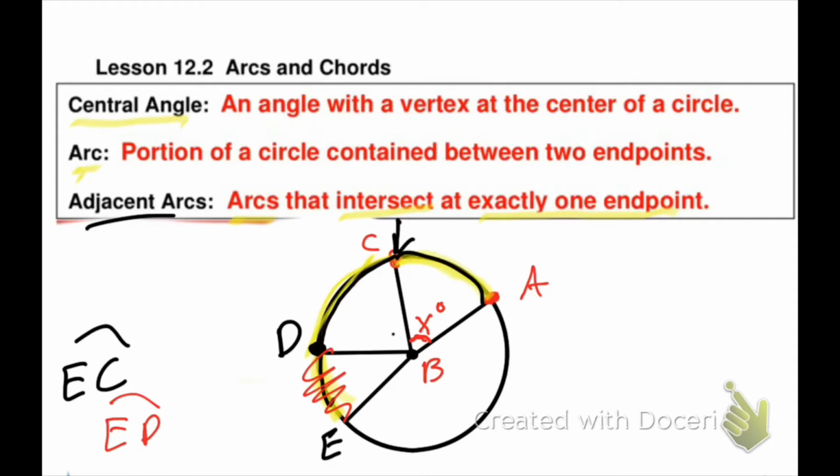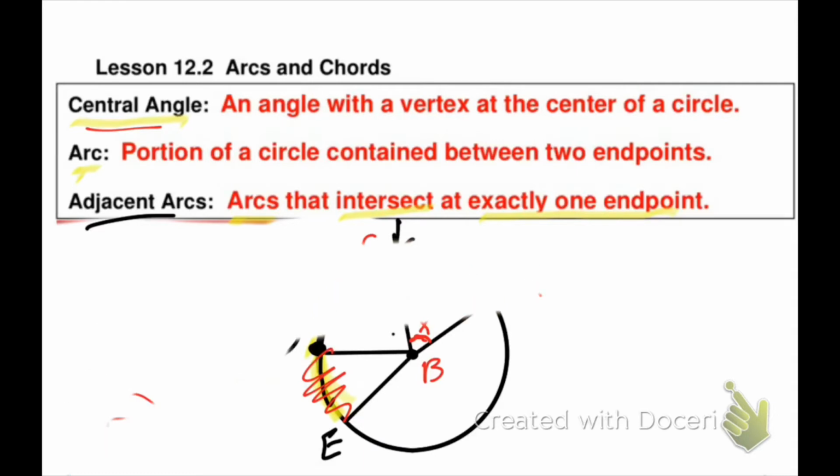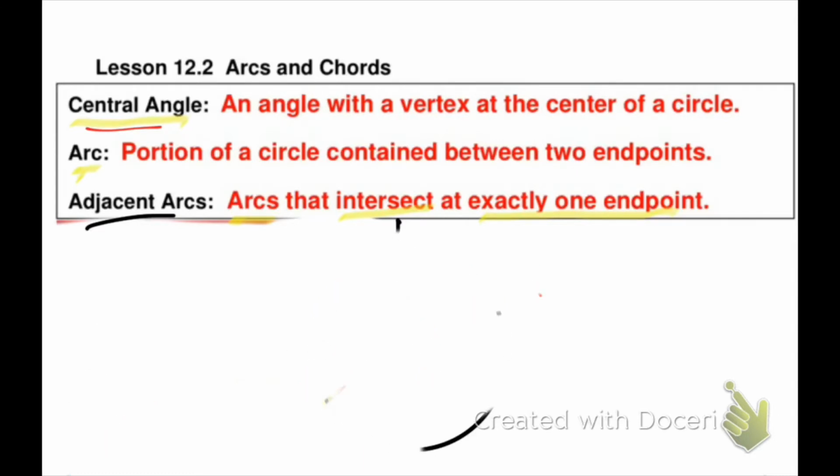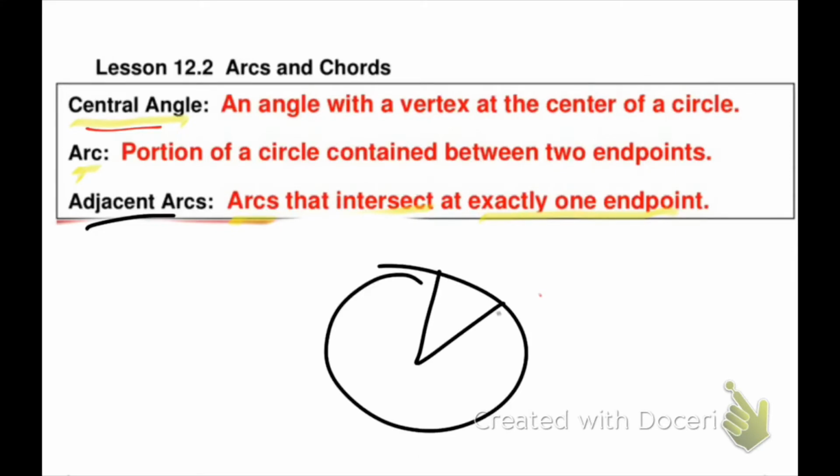So that's a quick run through of the different parts we're going to be looking at. We have central angles. So if I take my circle, the main thing is I have my central angle here. I have an arc right here. And then adjacent arcs are two arcs that intersect at one point.